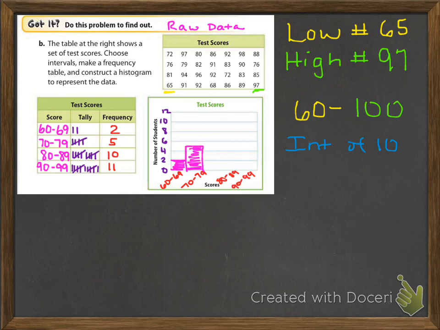All right, and then 80 to 89, let me go ahead and erase this so it can be together. Okay. 80 to 89, we had 10. So we want to go all the way up to 10 and fill that in. All right, so now your bars should look a little bit like this. So notice we can get all the way to 11 with the 90 to 99.